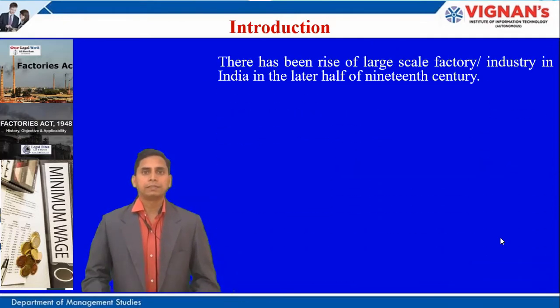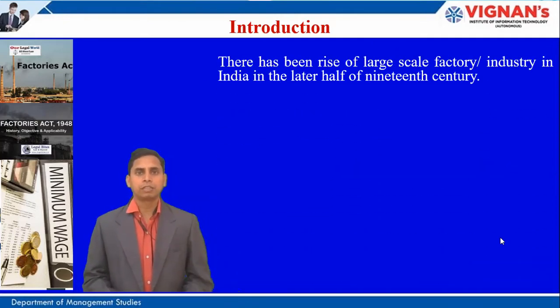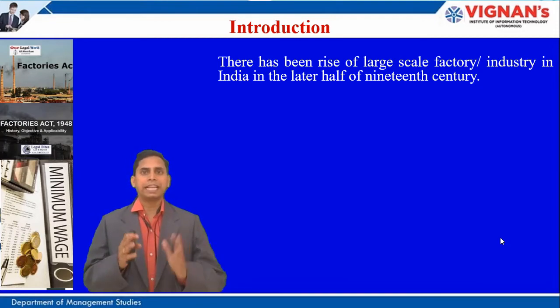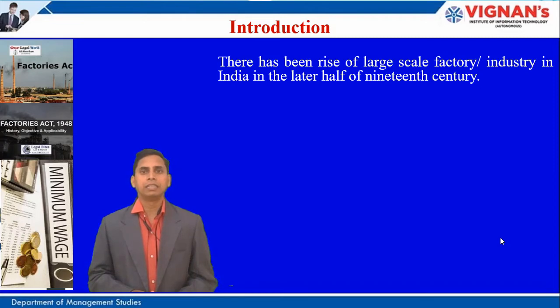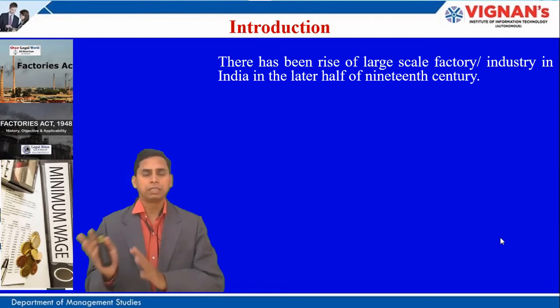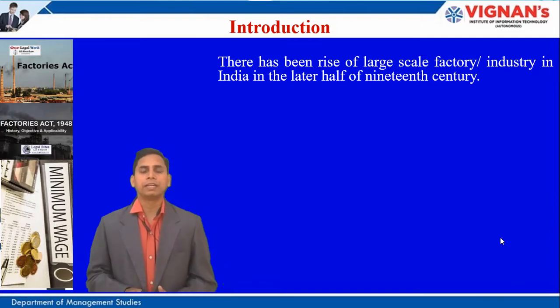Now, let's see the introduction to this particular topic. There has been a rise of large-scale factories and industry in India in the latter half of the 19th century. Mostly large-scale industries and factories started rising.